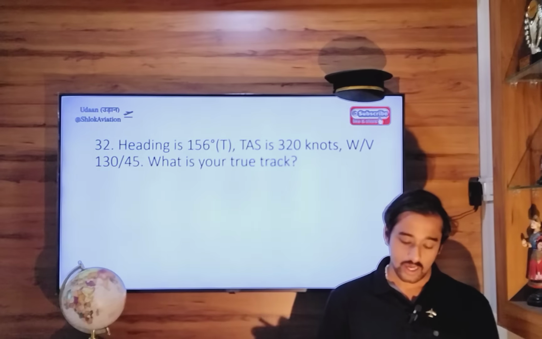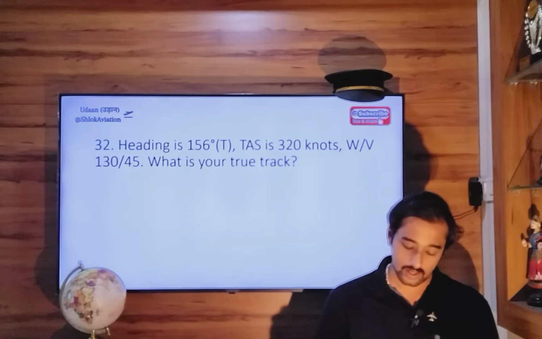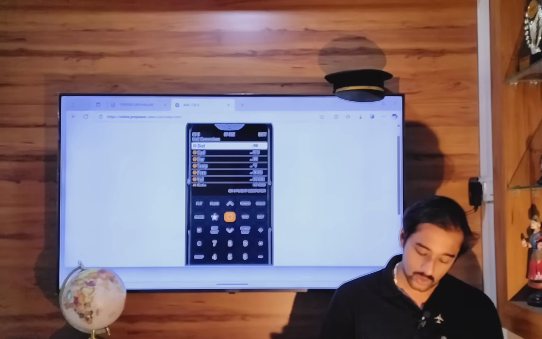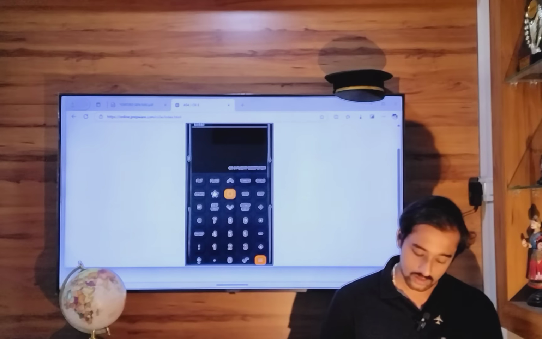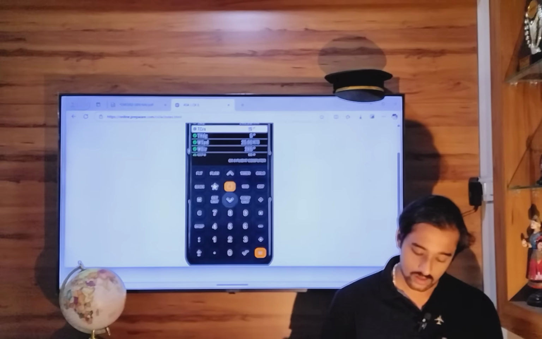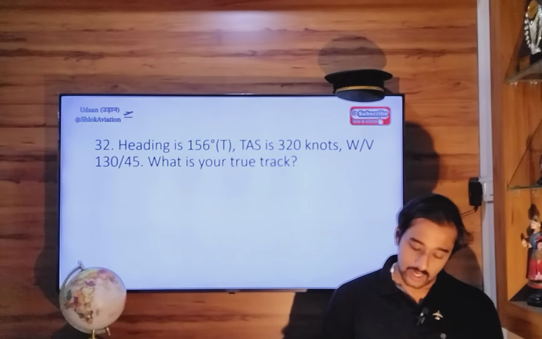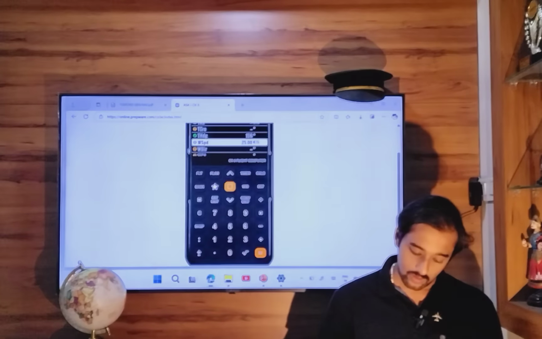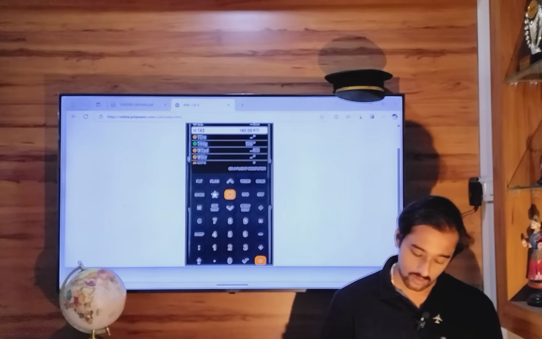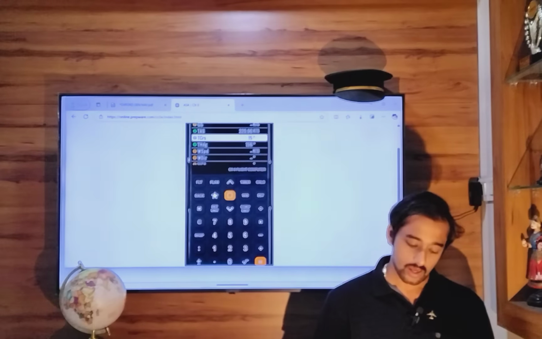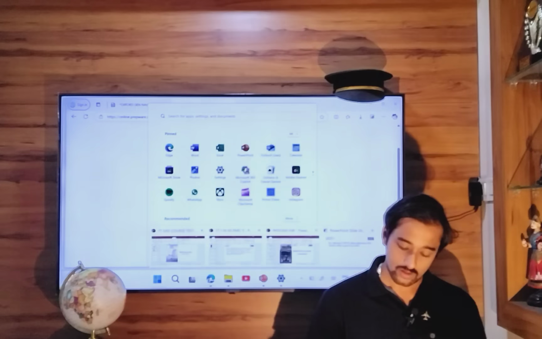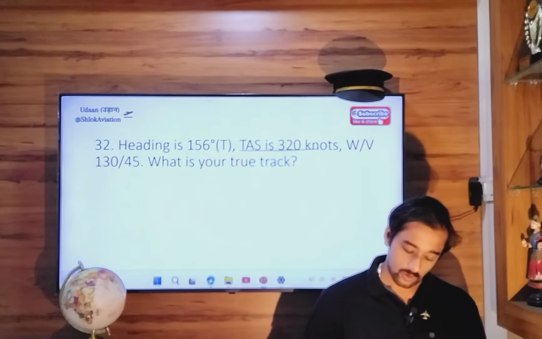Question 32. Heading is given, task is given, winds are given. What is your true track? Use your CX3. Heading is 156. True speed is 320 and wind 130 at 45.